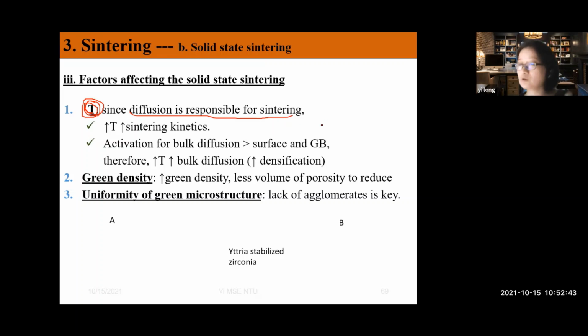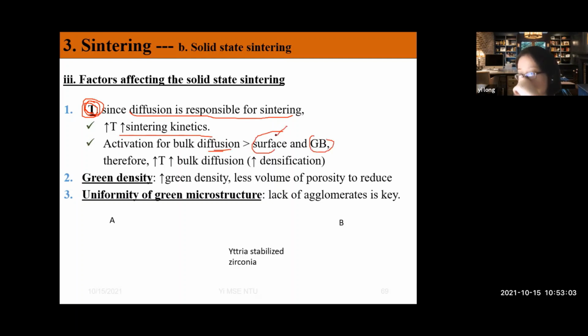Okay, so in general, if you have a higher temperature, you are going to have a higher sintering kinetics, right? So higher temperature means that even bulk diffusion could happen. Okay, so that's what we put here. The activation energy for bulk diffusion is actually larger than the surface and the grain boundary.